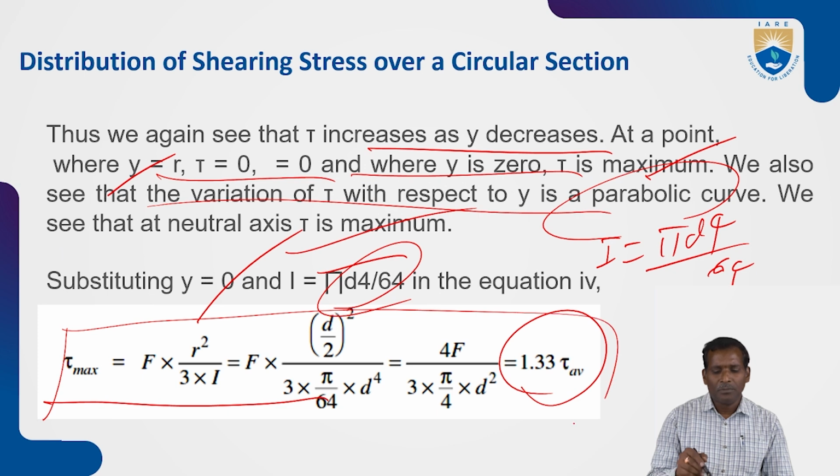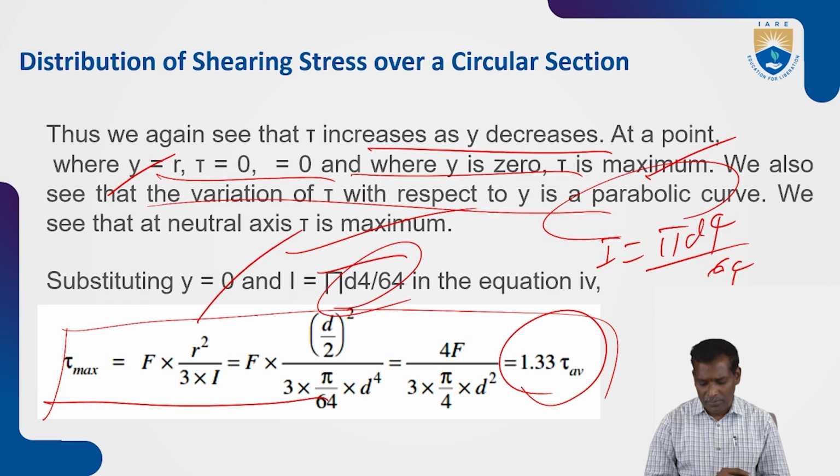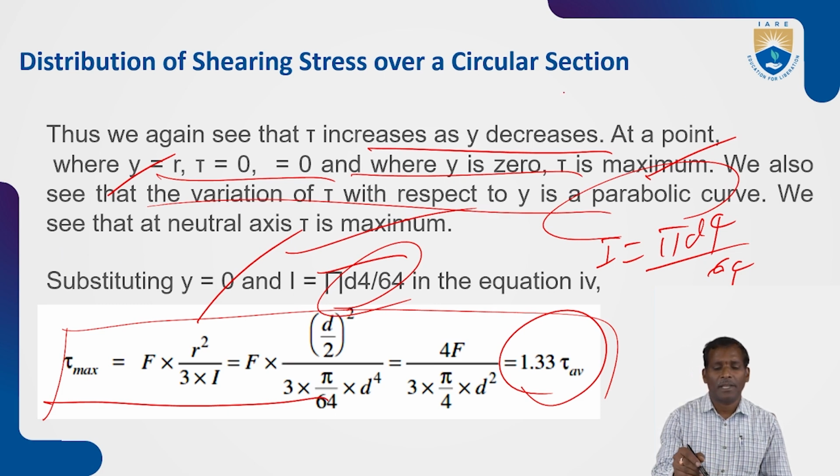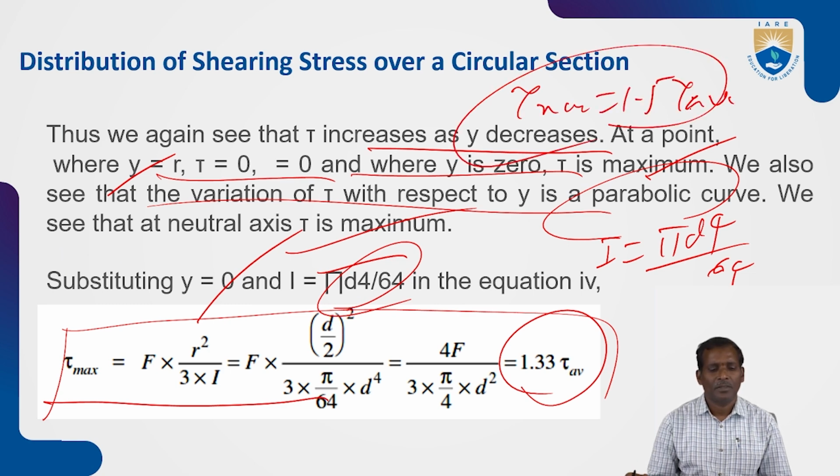So the maximum shear stress in the circular case is 1.33 times the average shear stress. For rectangular and triangular cross sections, the shear max is equal to 1.5 times the shear average.